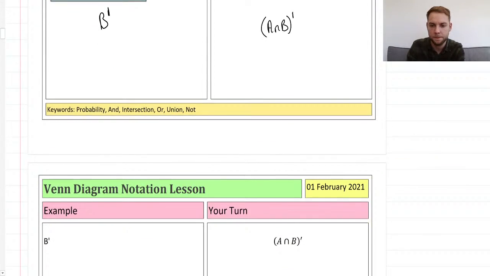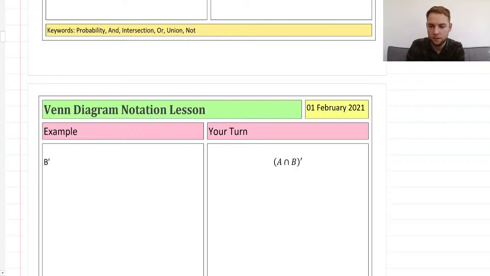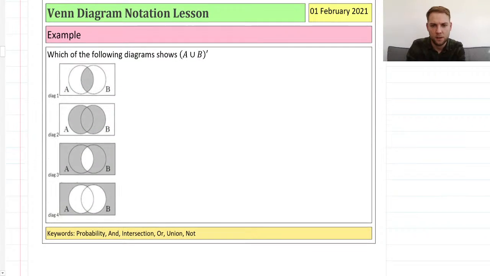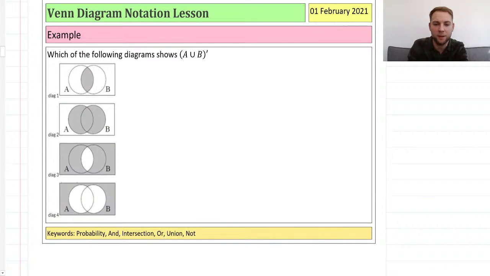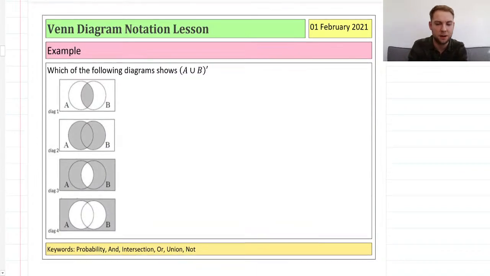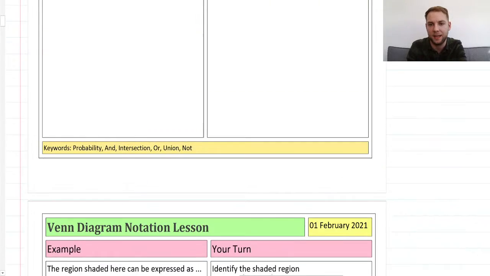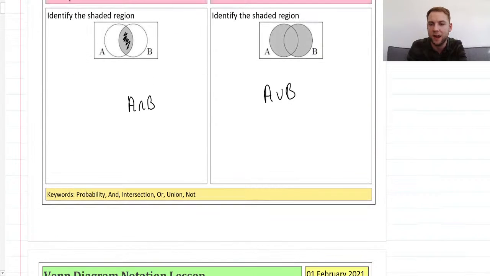Okay. So this one here says, which of the following shows A or B, not A or B? Okay, so everything which is not A or B. Well, which one here? So first of all, we need to know which one A or B is. Now, A or B, if I go back up to the top here, is this one on the right, isn't it? A or B is when everything is shaded.